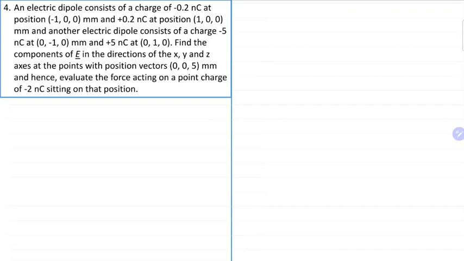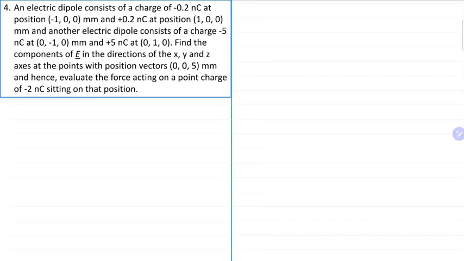Then you're asked to find the electric field at a vector position of (0, 0, 5) millimeter. And then you have to evaluate the force if a point charge of -2 nanocoulombs is put onto that position.